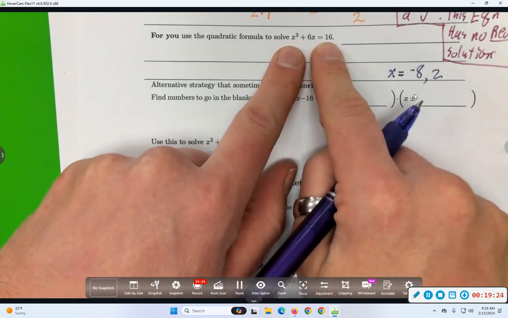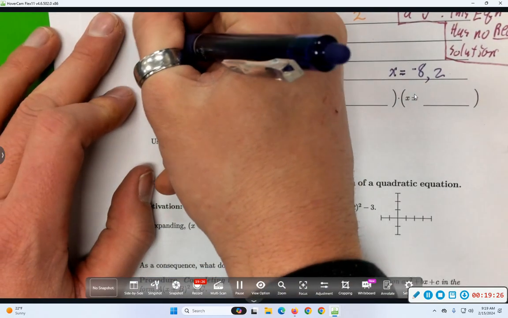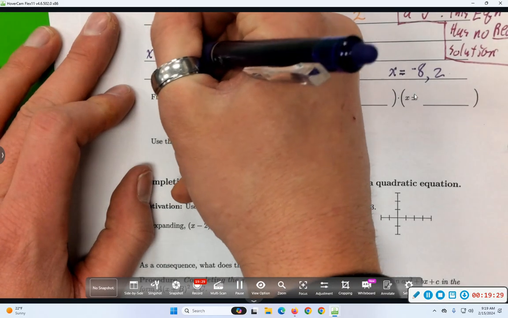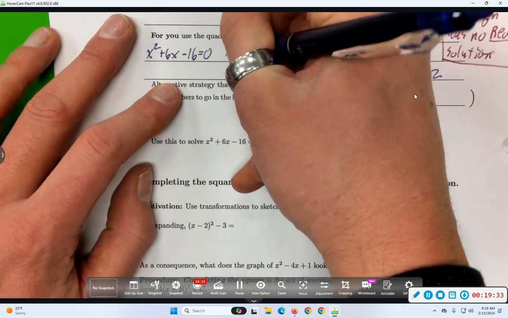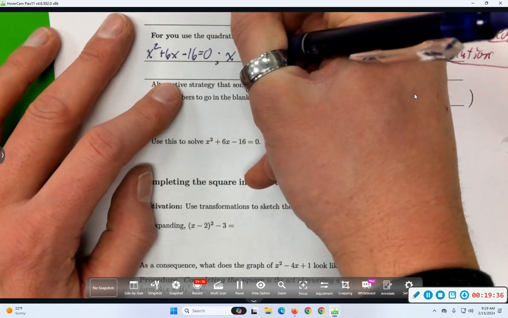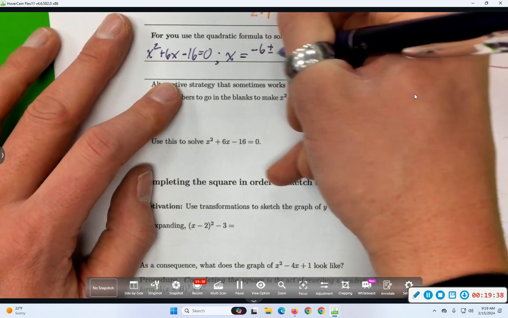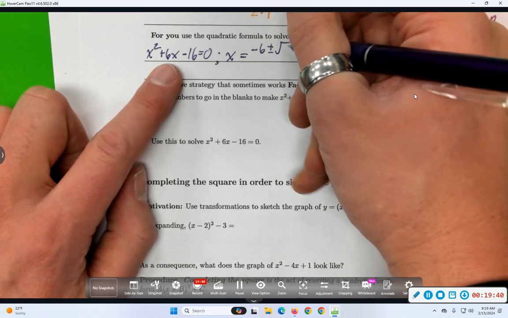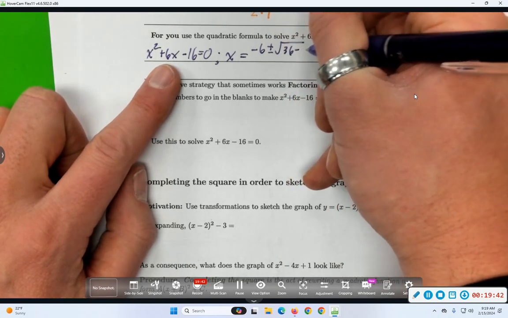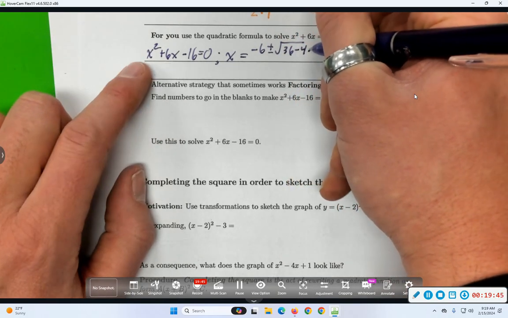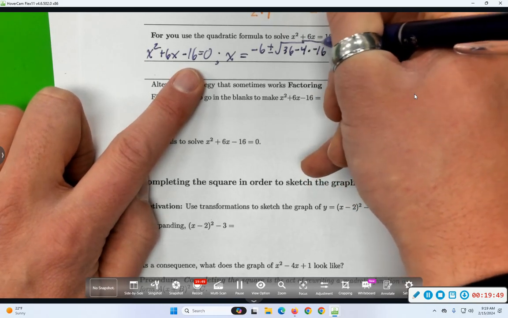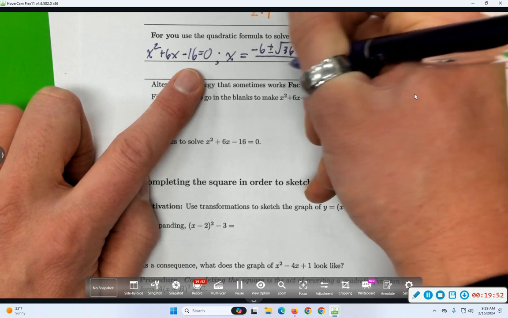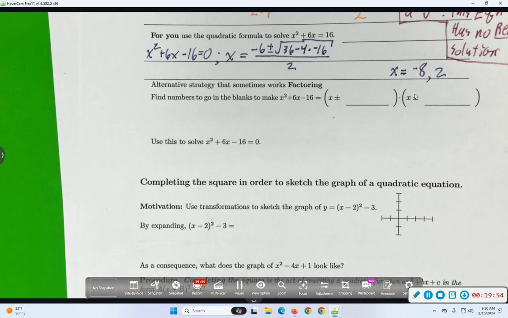So you subtract the 16 to the other side: x squared plus 6x minus 16 equals 0. So the quadratic formula says x equals -b plus or minus the square root of b squared, 36, minus 4 times a times -16, all over 2. Did I at least write down the things correctly?